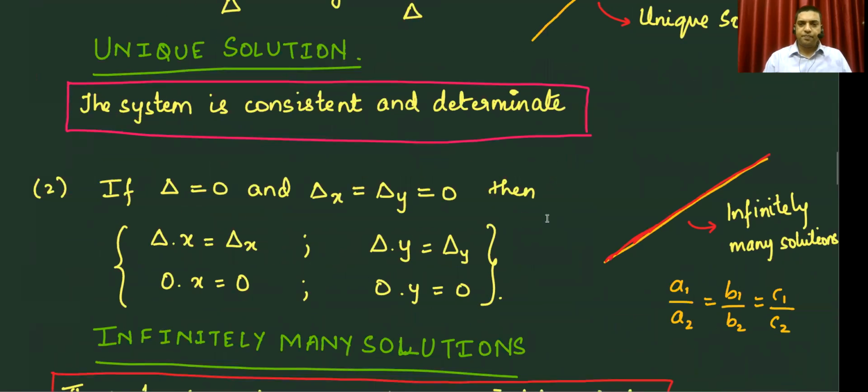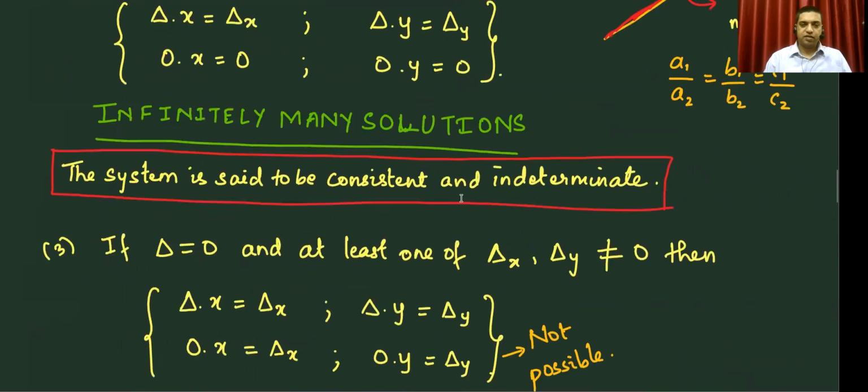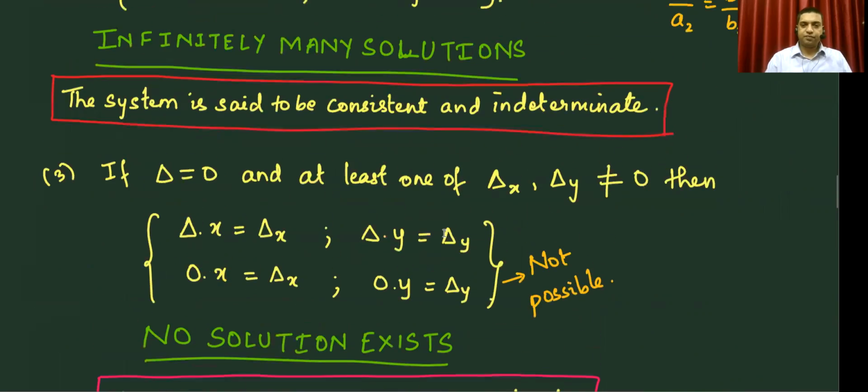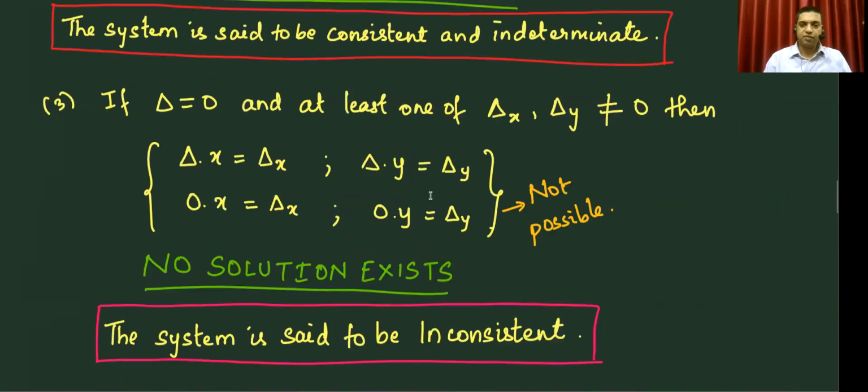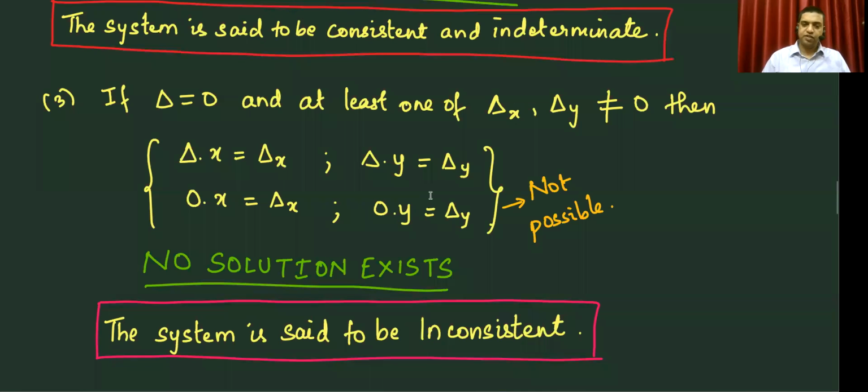If there are infinitely many solutions, it means the 2 straight lines are coincident. And if there are no solutions, that means the 2 straight lines are parallel to each other.